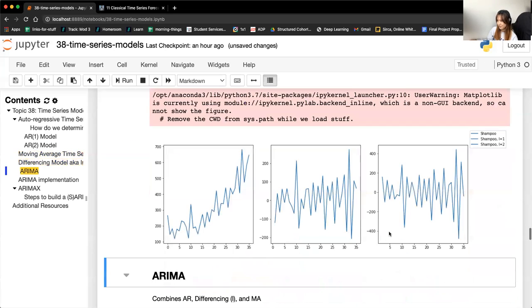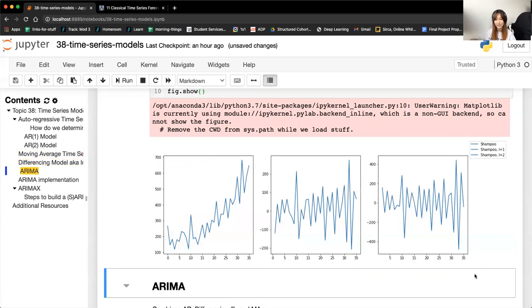With our shampoo example, you can see here, this is without differencing, this is differenced once, this is differenced twice. The first level of differencing kind of flattens it out, right? So we're losing that upward trend. If we difference it one more time, you can see that it gets flatter.